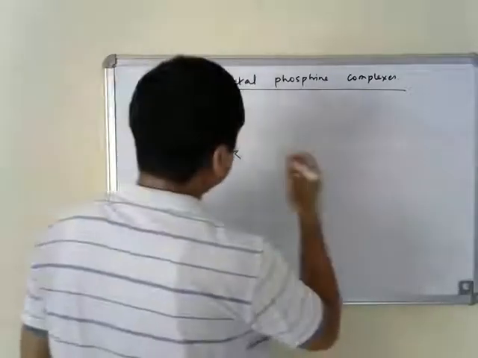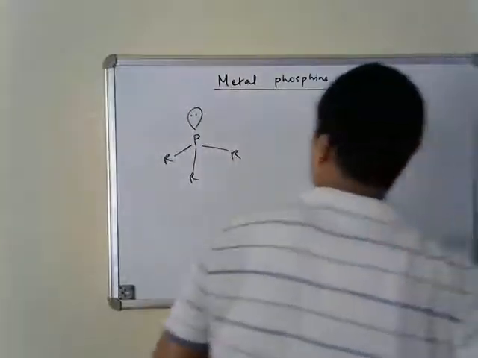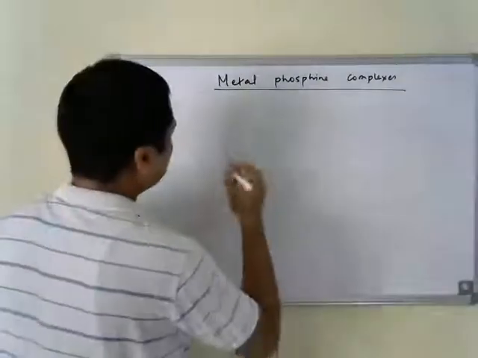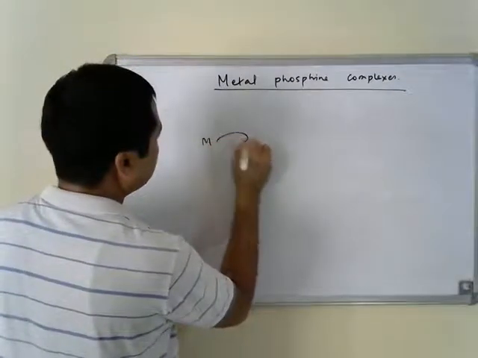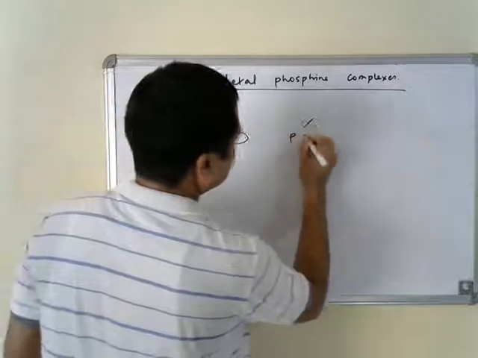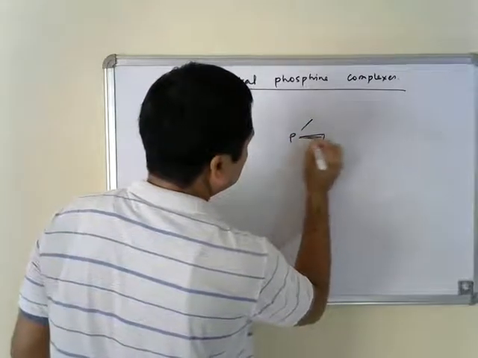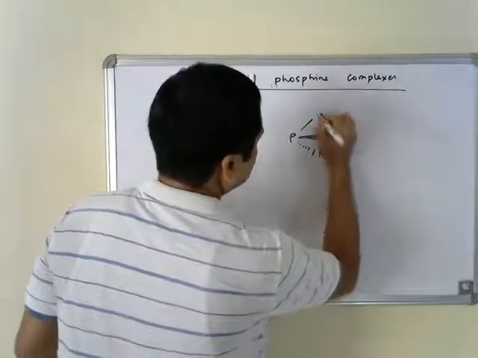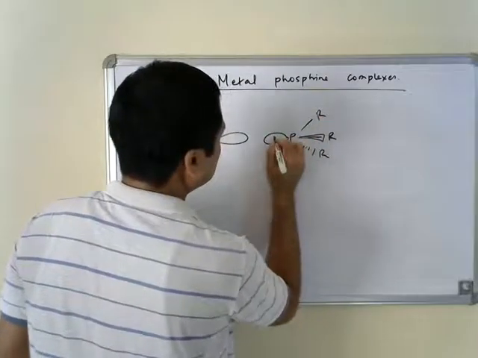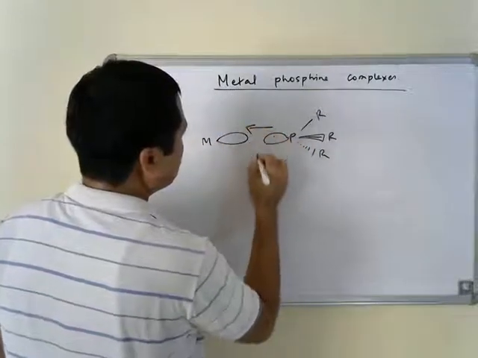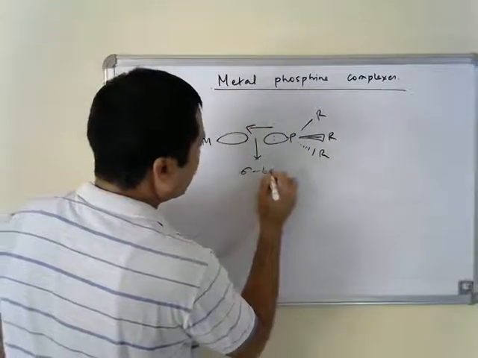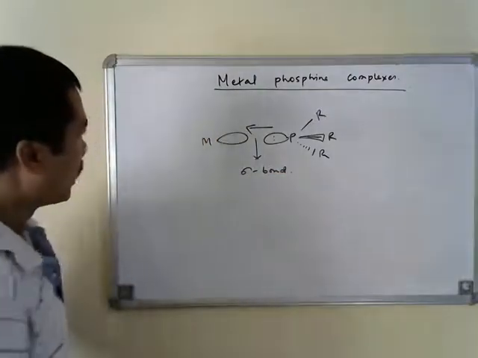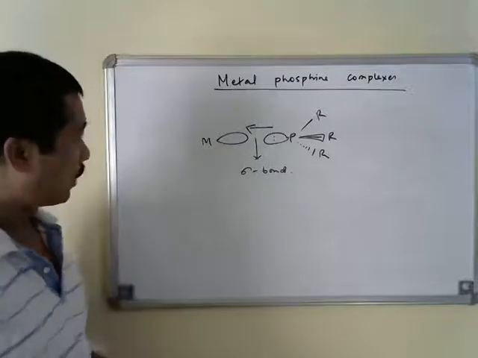So this is a sigma bond, where the phosphine ligand acts as the donor to empty metal orbitals.